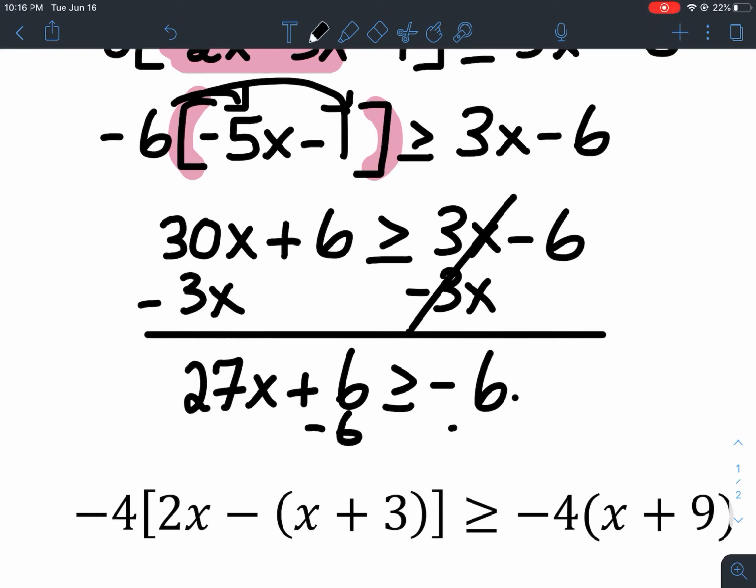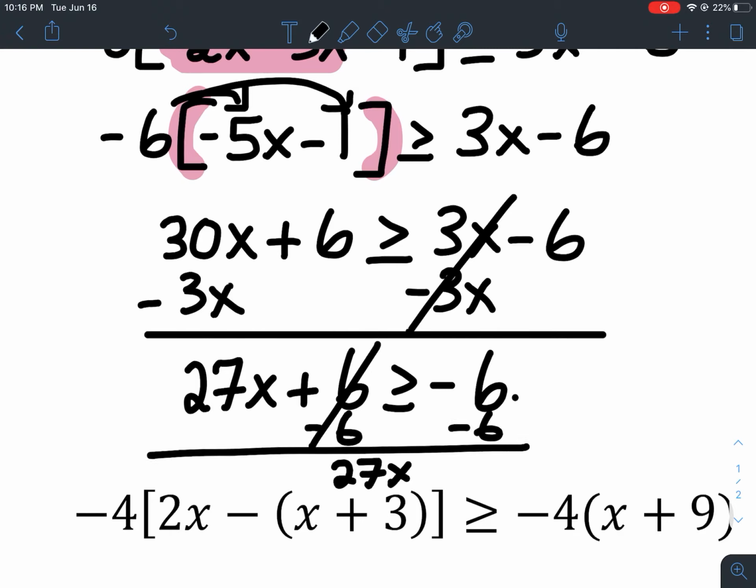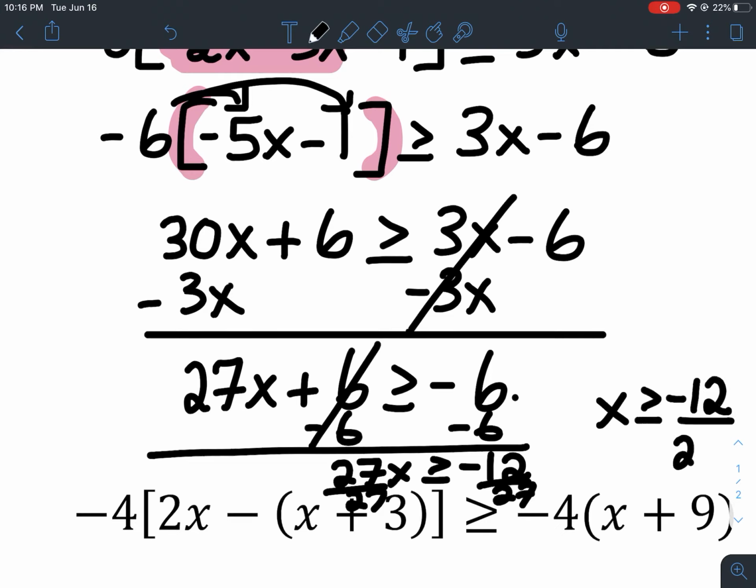And now we need to get x by itself, so subtract 6. Sorry, I'm running out of room here. And then your last step to get rid of the 27, divide. So we have x is greater than or equal to negative 12 over 27.